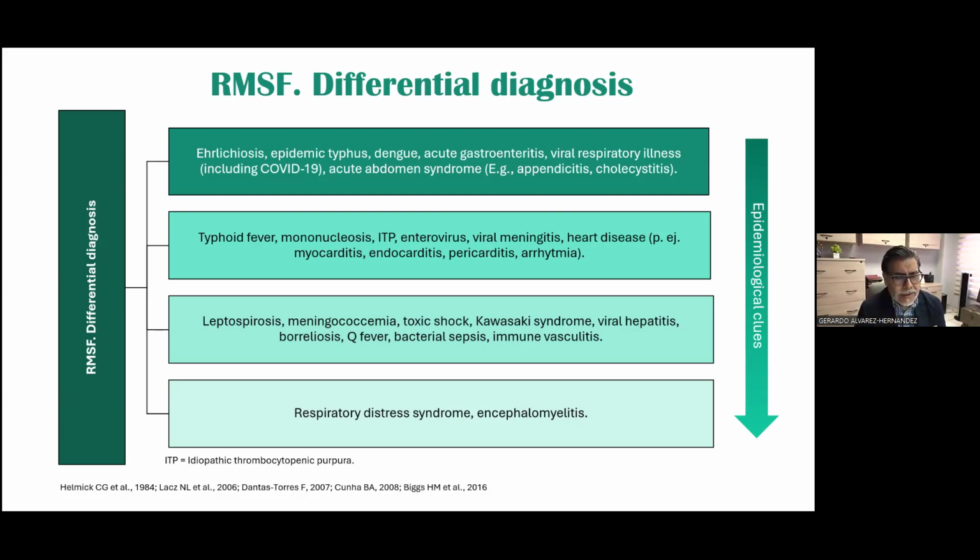In our experience, we have seen patients with acute abdomen produced by acute appendicitis or heart disease, or even by ITP, idiopathic thrombocytopenic purpura, confounded with RMSF.